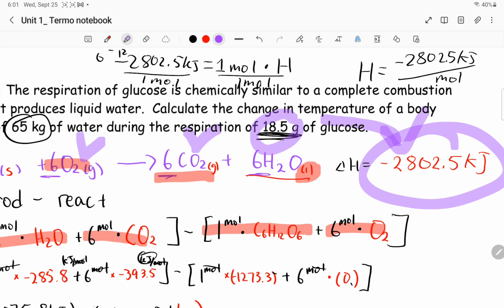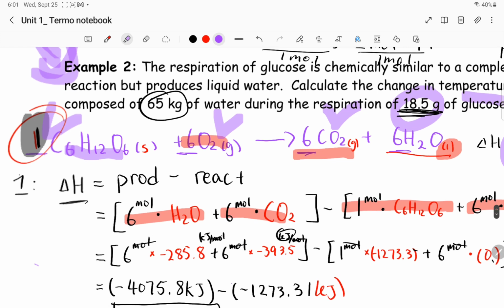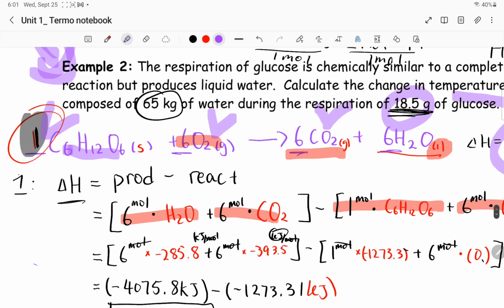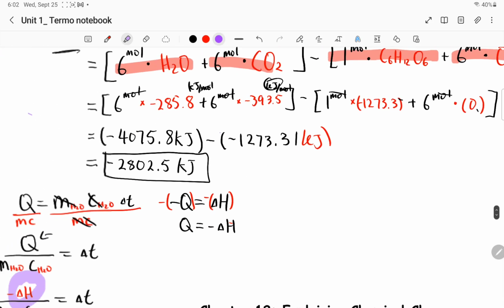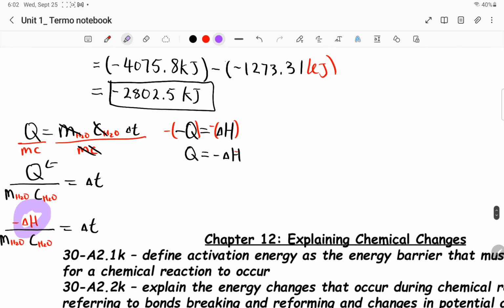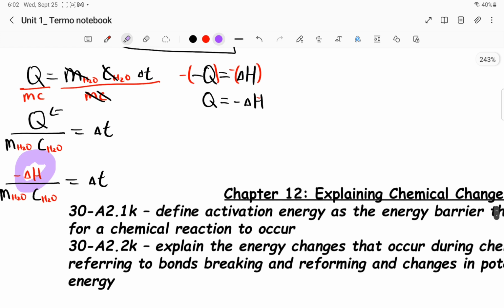If you look here, we have 18.5 grams of glucose. If you do your calculations, you will find that 18.5 grams of glucose is not 1 mole of glucose. It's a lot less. So we cannot straight up use this number. That means we have to go deeper.